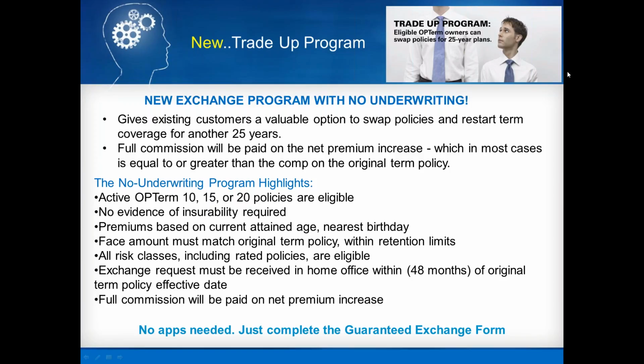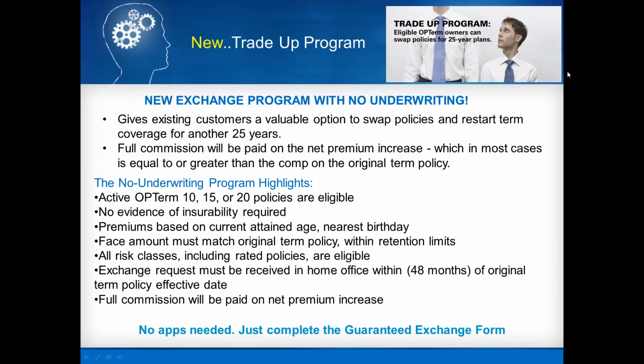The long story short, if you're selling Banner life insurance products, term insurance, if it's a 10, 15, 20-year term that you sold in the last 4 years, you can simply buy a new 25-year term for your client, guaranteed issue, without having to get an exam and go through full underwriting.